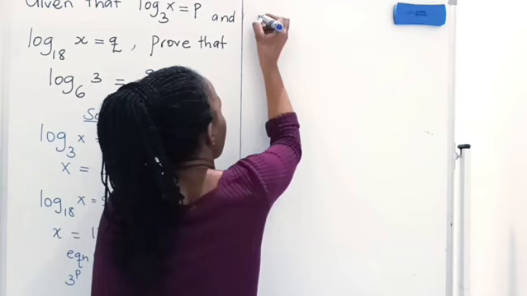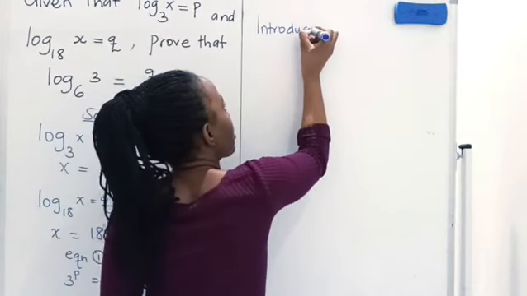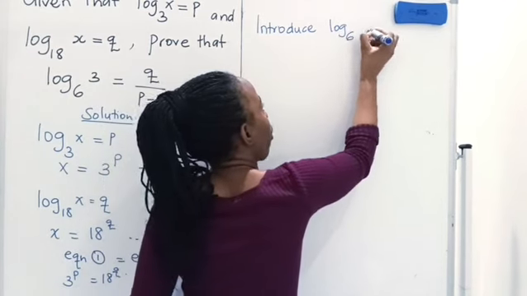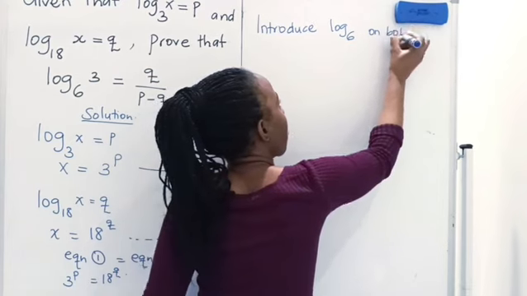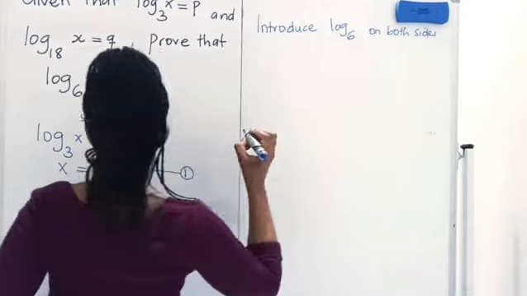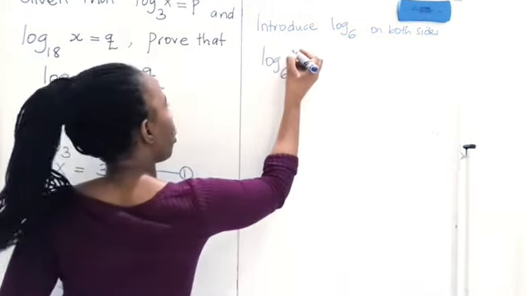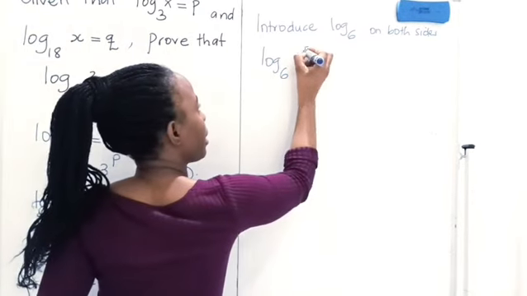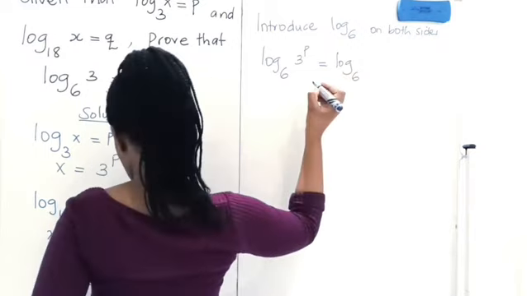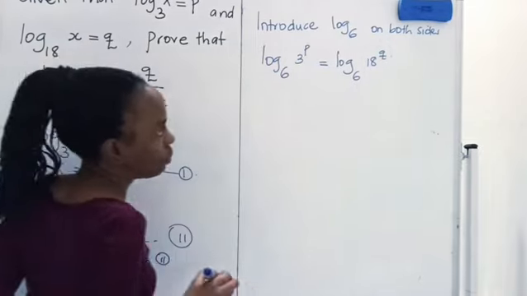on both sides. So I will have log base 6 of 3 to power p equaling log base 6 of 18 to power q.